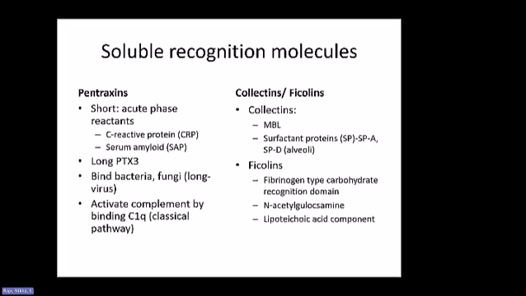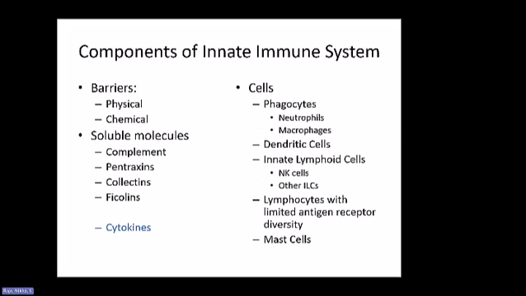These can bind to bacteria and fungi and activate complement by the classical pathway. Collectins, like MBL and surfactant proteins, help in binding to PAMPs, for example, in the alveoli. Ficolins, they are looking for N-acetylglucosamine, and they can also help in recognition of some of the PAMPs.